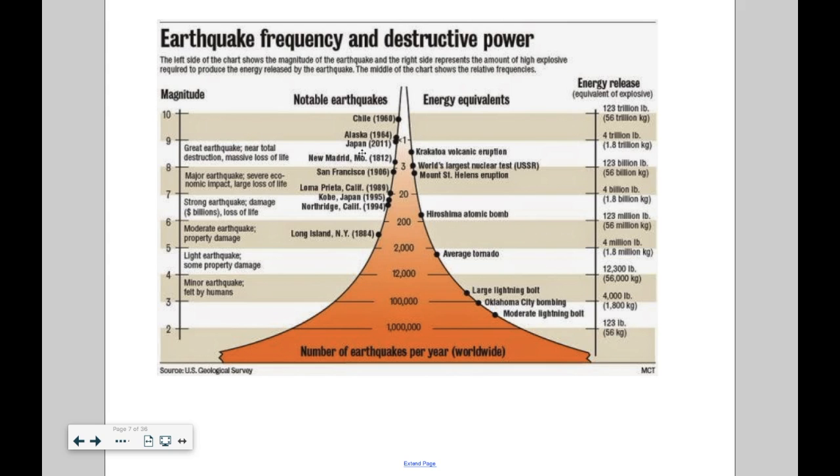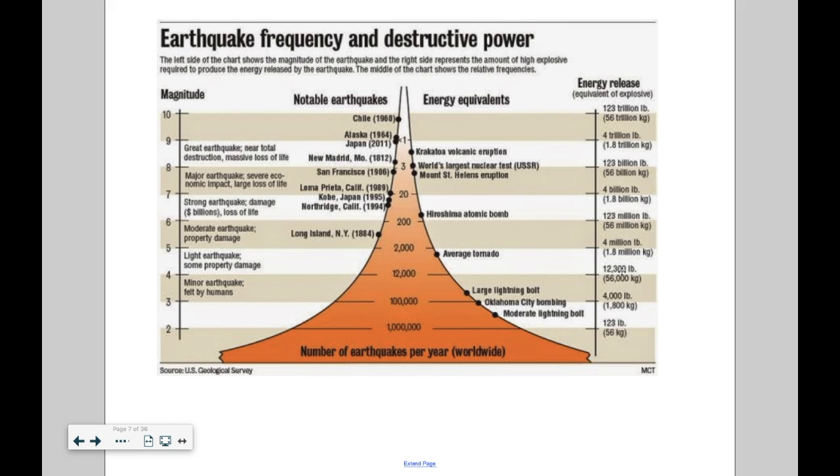So here's an example of comparing the destructive energy of earthquakes at different times of Earth's history related to different events. On the left-hand side of the diagram, we have the magnitude of the earthquake in the moment magnitude scale, and we have the amount of energy released.